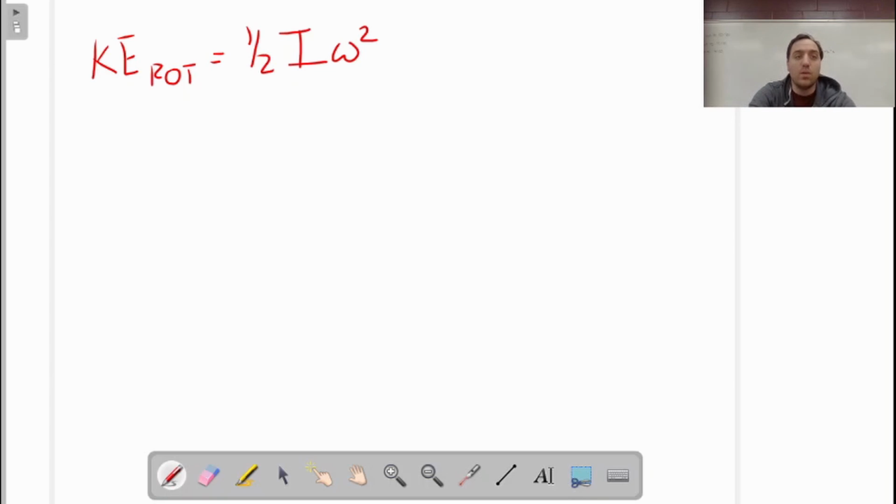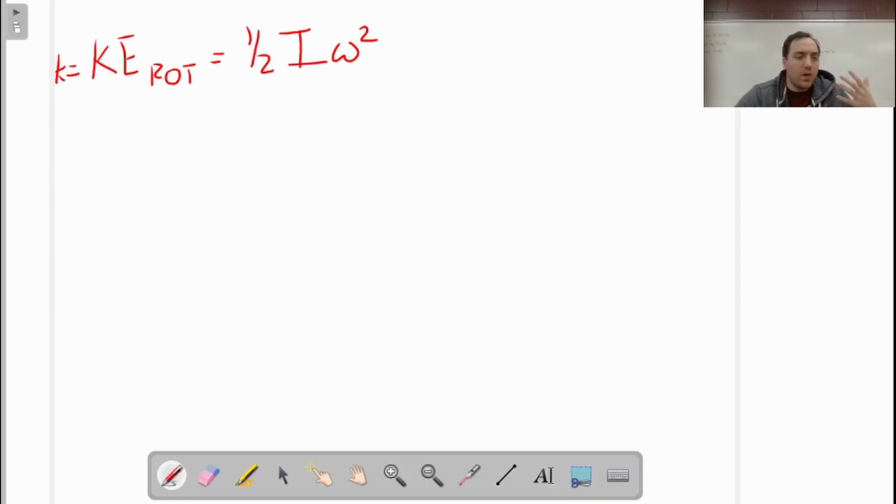It's still 1/2 mv squared, just what m and v are slightly different. So for any given object, we can now calculate its rotational kinetic energy. We just need to find its moment of inertia and the radius of the object. This equation is also on your equation sheet. It's listed as K equals 1/2 I omega squared because the AP exam just says K for kinetic energy.